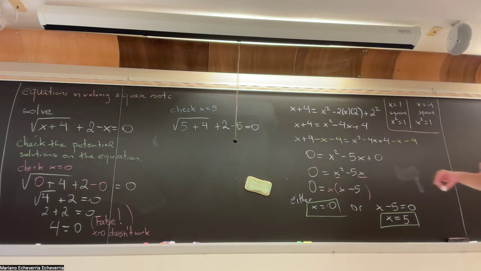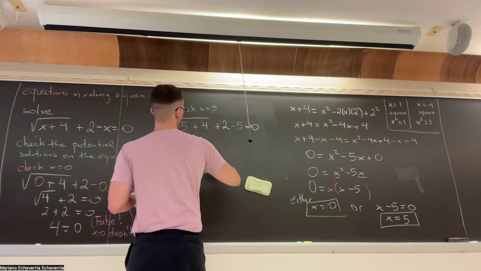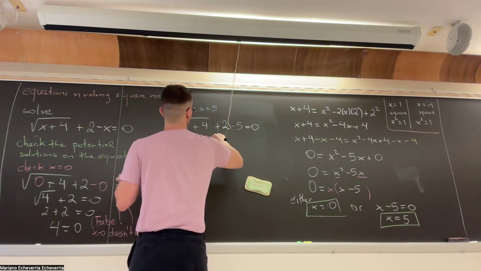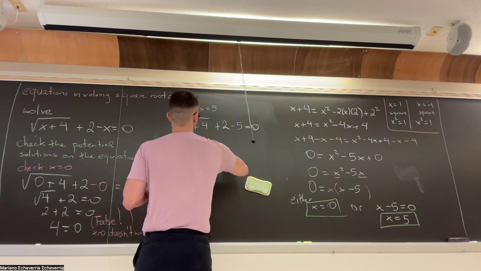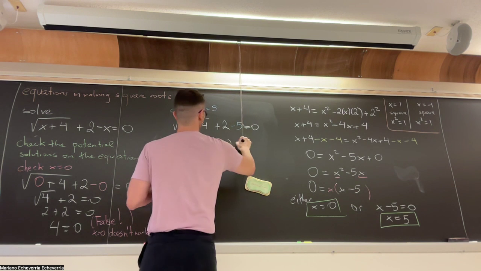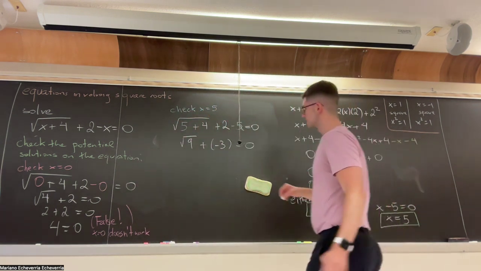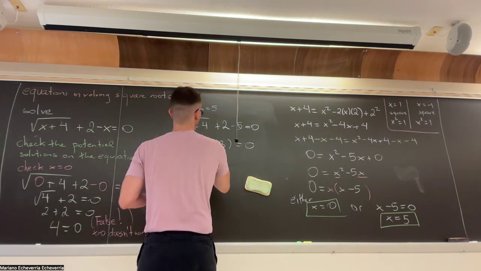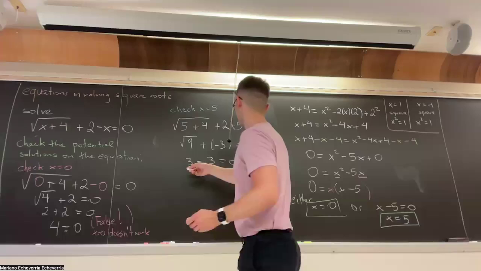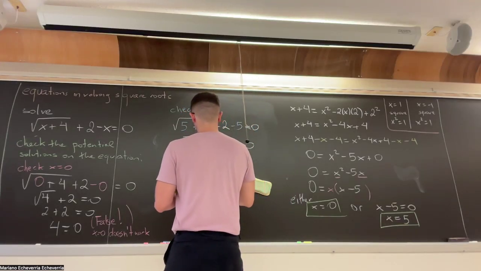This gives you square root of 9, plus 2 minus 5. Okay, the 2 minus 5 is negative 3. So you get 3 minus 3 equals 0. And that says that 0 equals 0, which is true. So this one works.